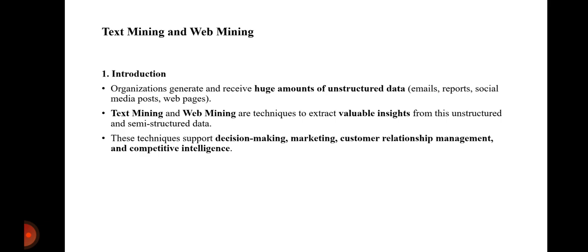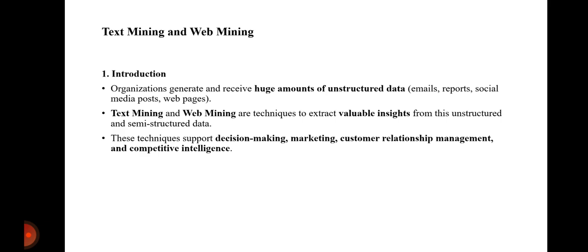The benefits of text mining are information retrieval, that is, extracting relevant documents or data based on specific queries. Techniques like tokenization and stemming are used to process text for better indexing and retrieval. NLP enables computers to understand and analyze human language.